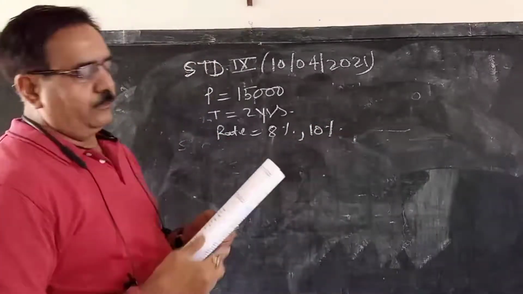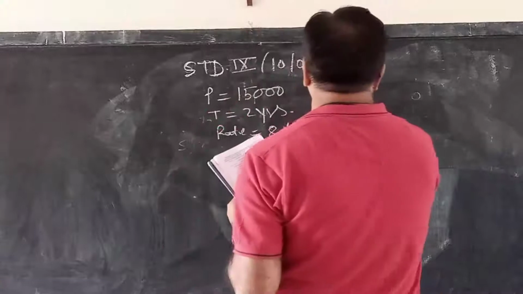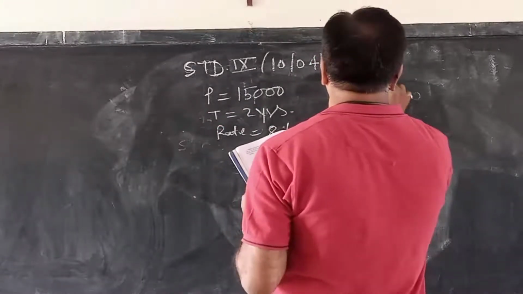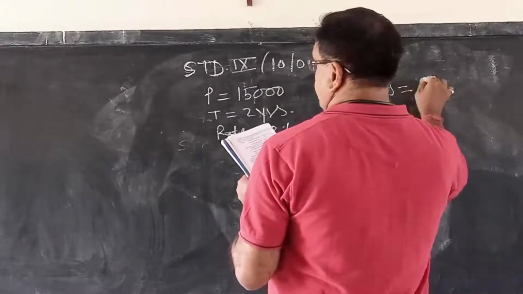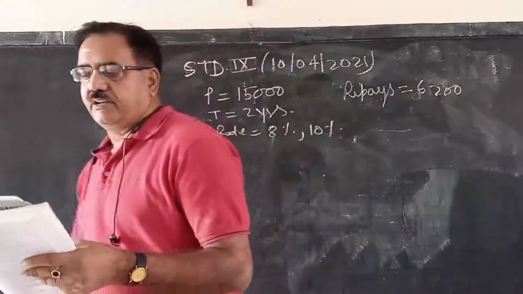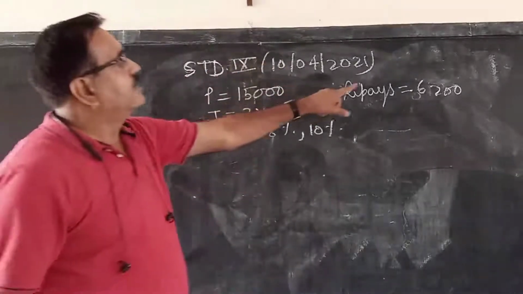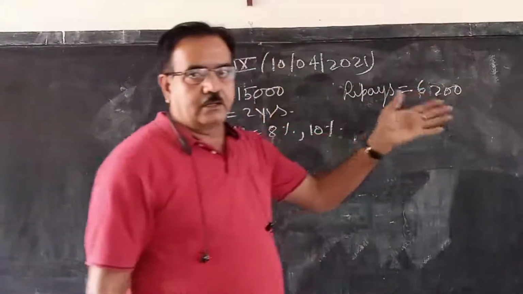And it is given that he repaid 6,200 the first year. What do you mean by this? Repaid 6,200 in the first year.